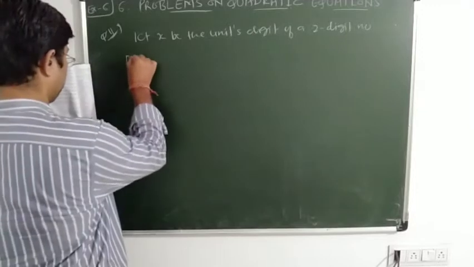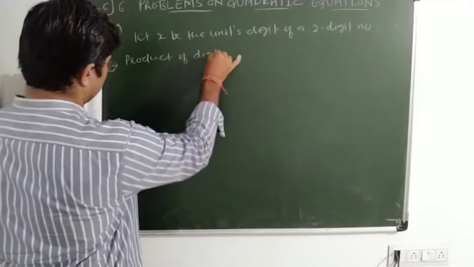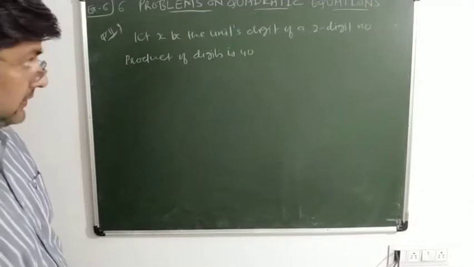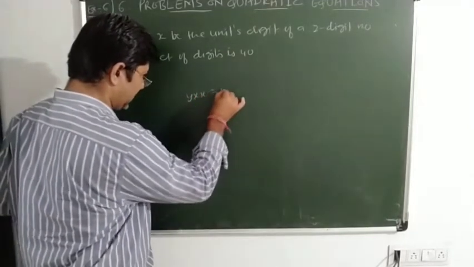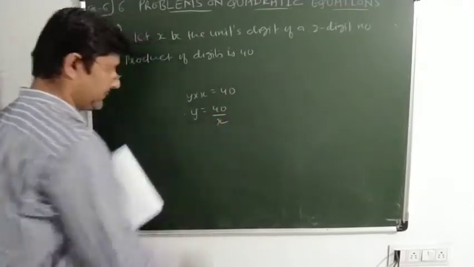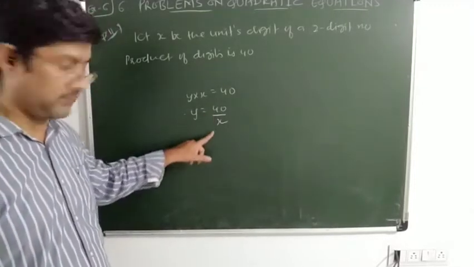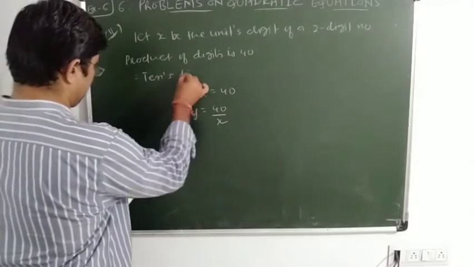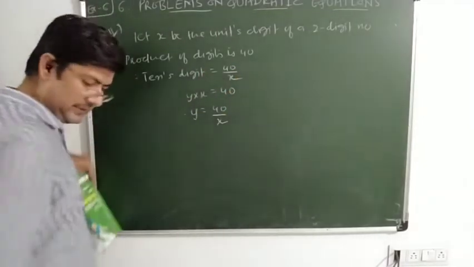The product of digits is 40. So obviously, suppose the tens digit is y, then y into x is equal to 40, and therefore y is equal to 40 upon x. Clear? And therefore the tens digit will be 40 by x.